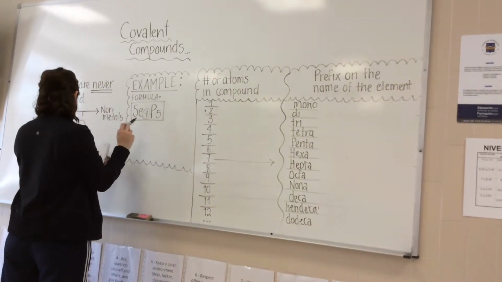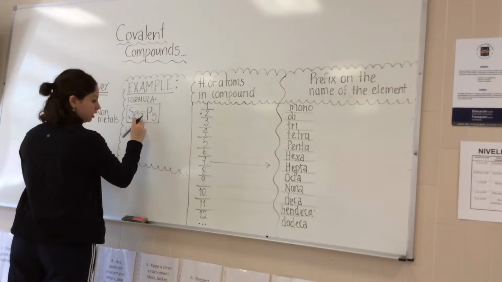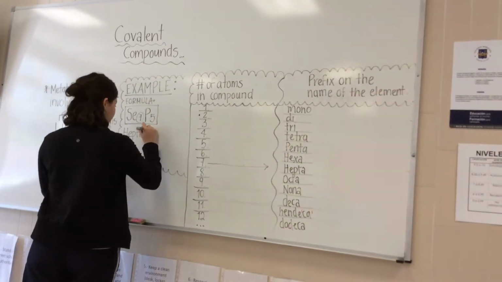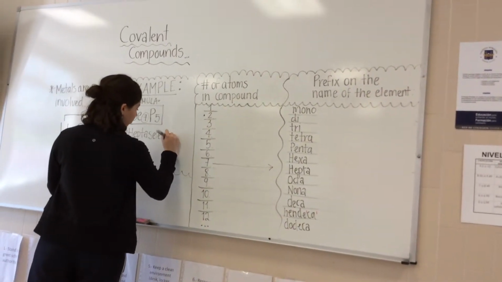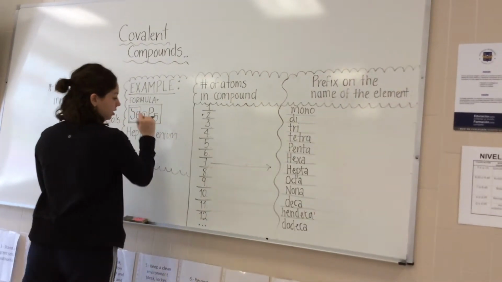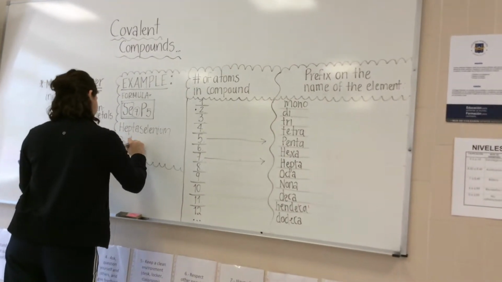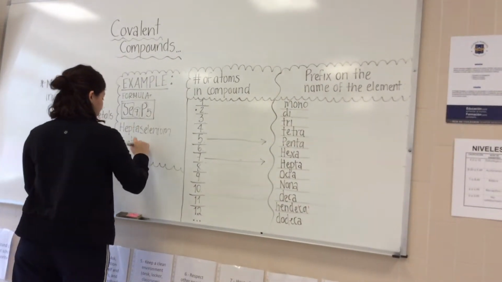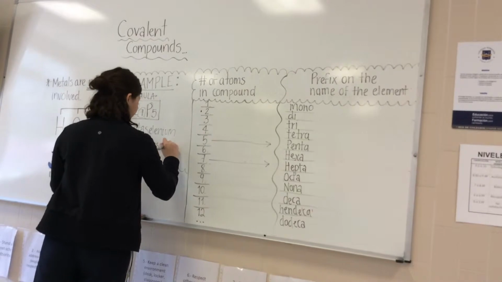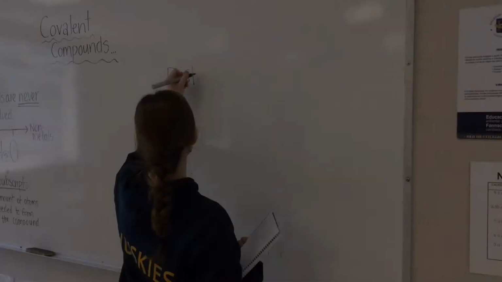So if you put the name of the formula, it will be heptaselenium. And phosphorus has 5 atoms, so it will be pentaphosphide. It should always finish in "ide".